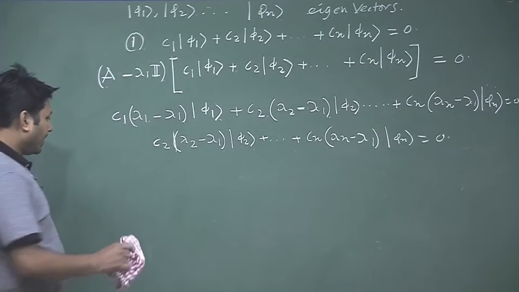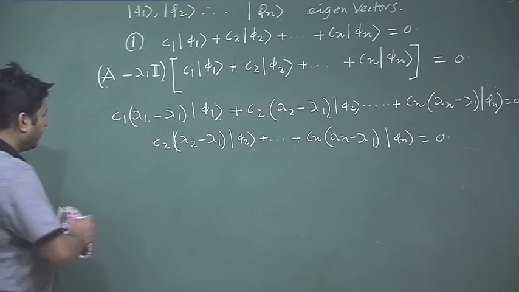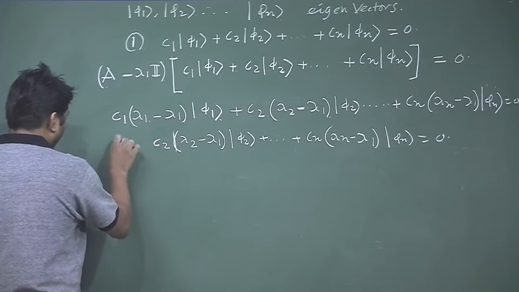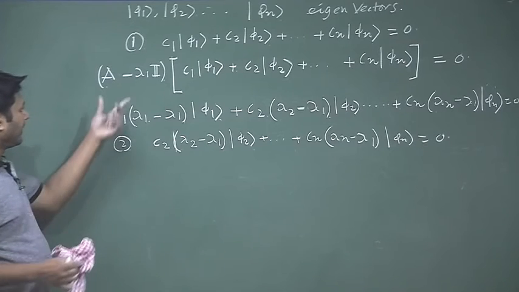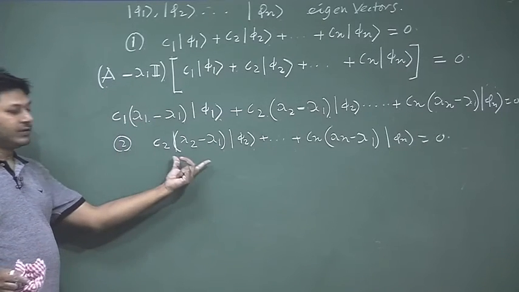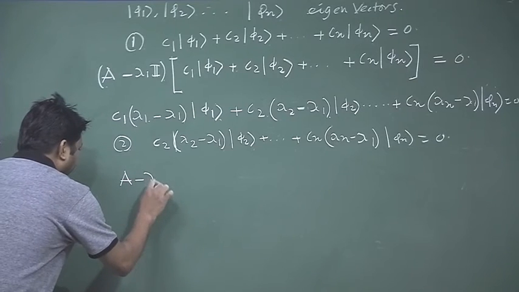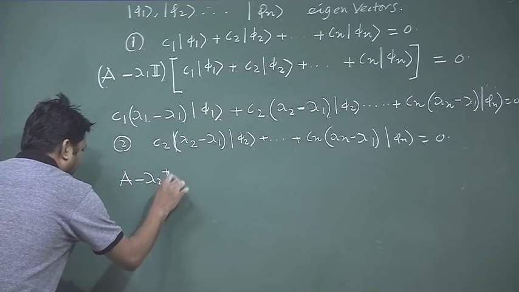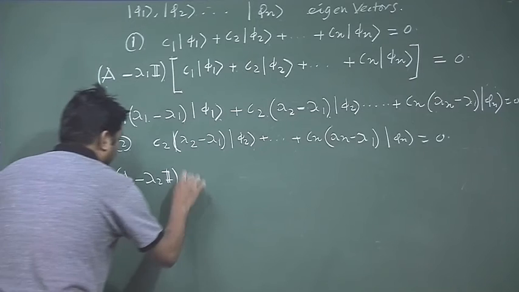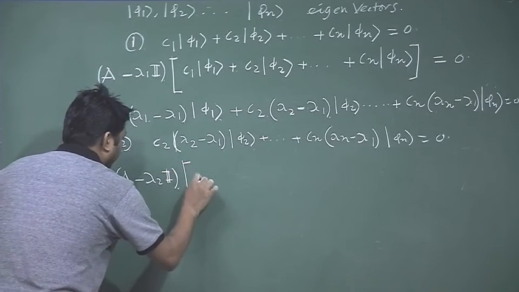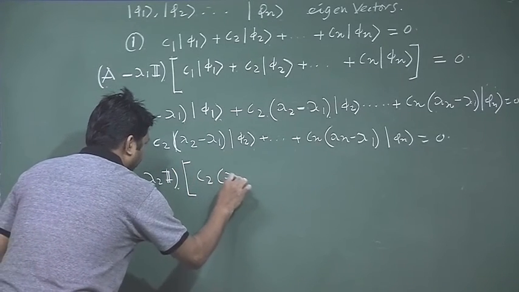So, next thing what I will do, I will operate. This is my equation 2, I will operate (A − λ2 I) over my new equation.